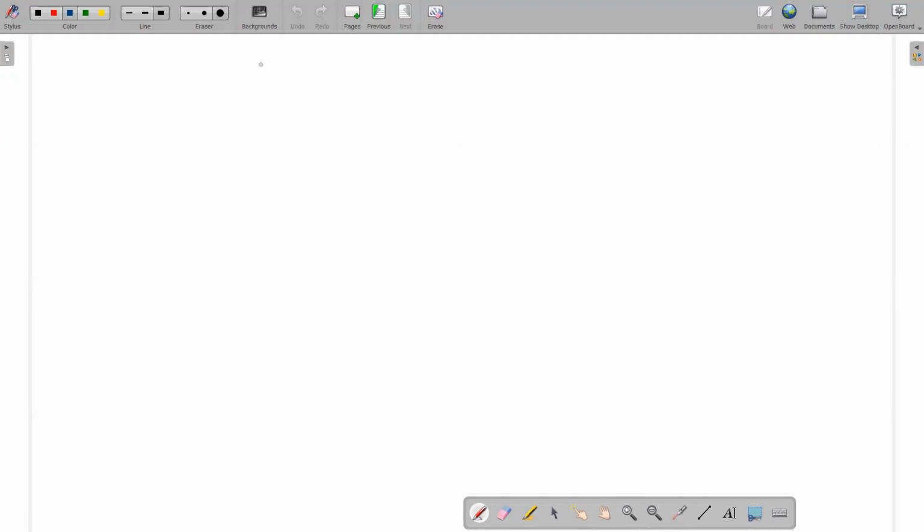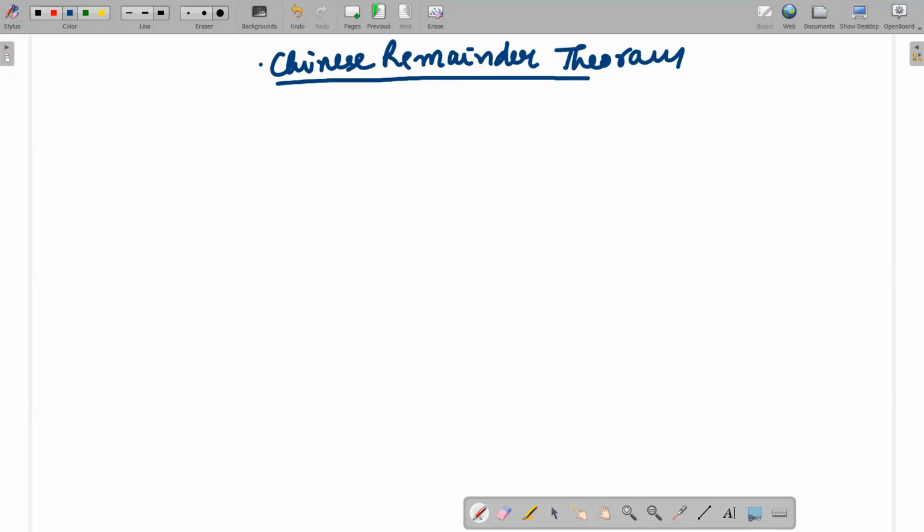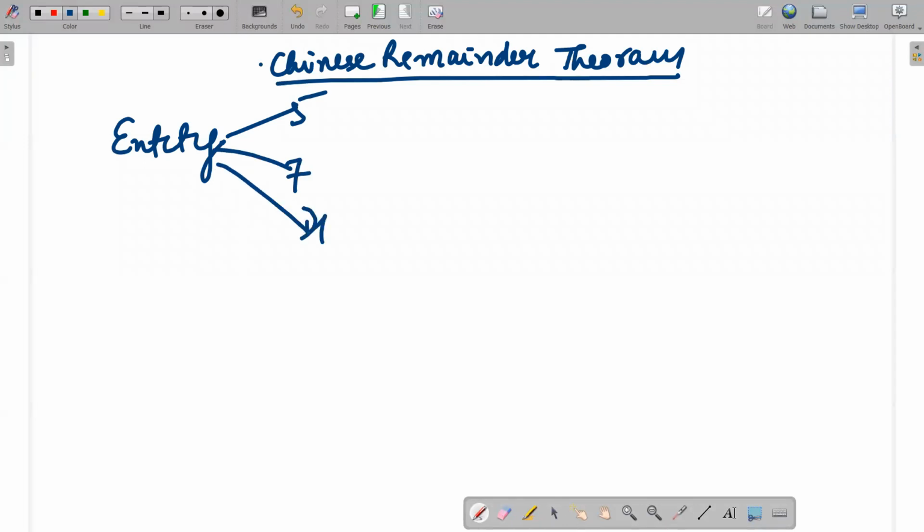In today's video, we'll be discussing the concept of the Chinese remainder theorem. It is a common remainder that we find from a particular formula. Let's say we take any entity and divide it amongst 5 people, 7 people, and 11 people.